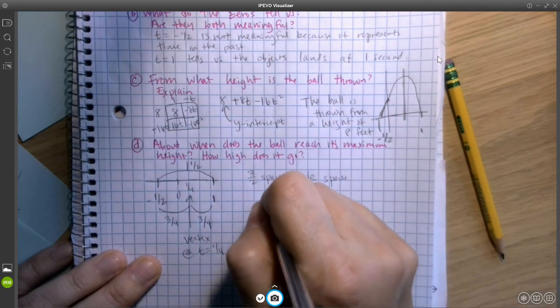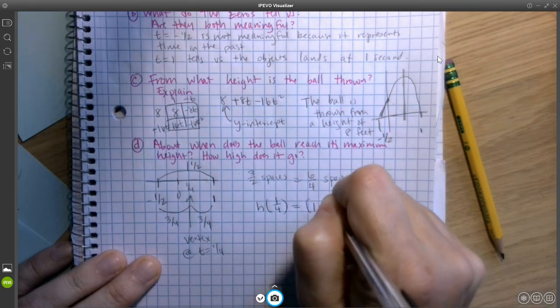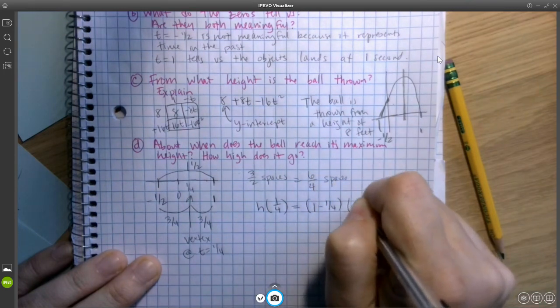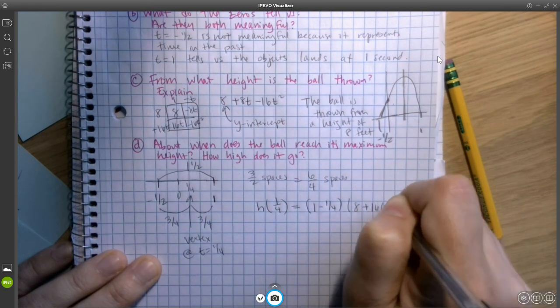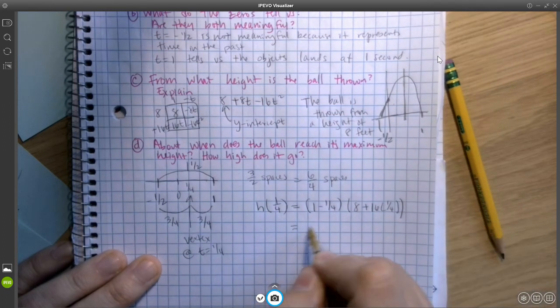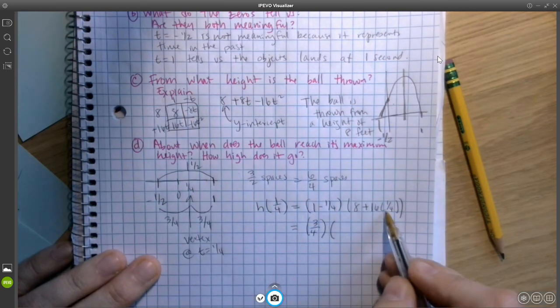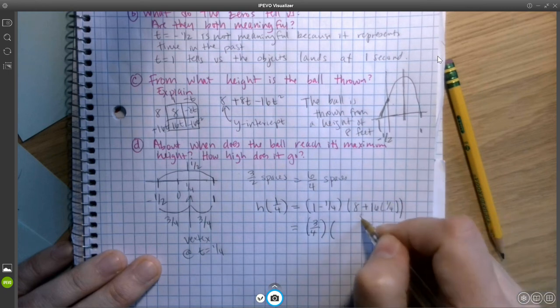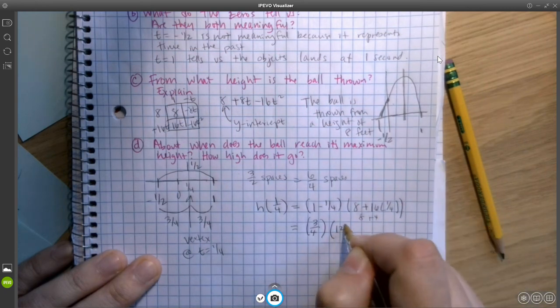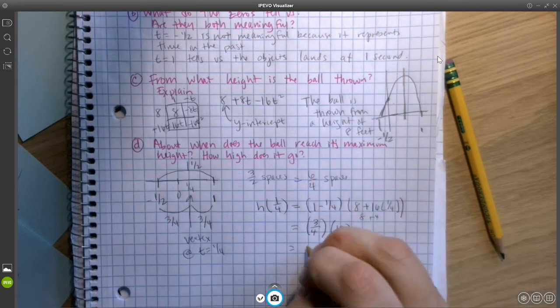So I need to find h of 1/4, which is (1 minus 1/4) times (8 plus 16 times 1/4), which is 3/4 times (8 plus 1/4 of 16, which is 4). So 12. And then 3/4 of 12 is 9.